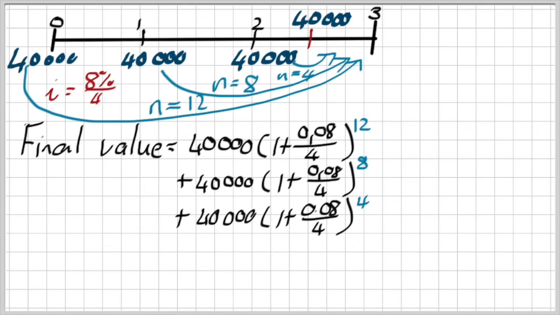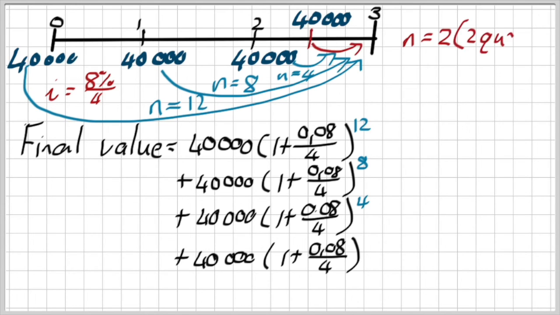But now what about that last 40,000 Rand? That last 40,000 Rand, for how long? How many quarters is there in half a year? Well, ladies and gentlemen, there are 2 quarters in half a year. So in other words, I'm going to put that into my N there.